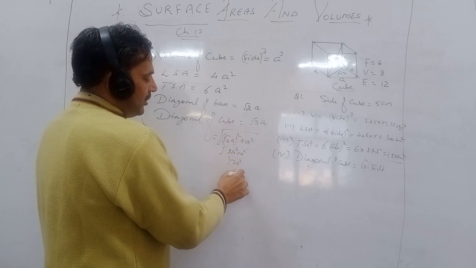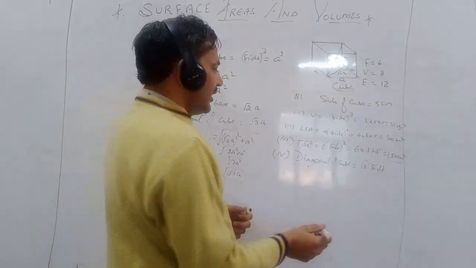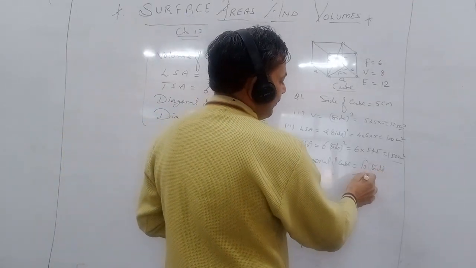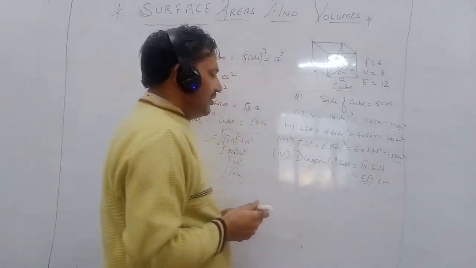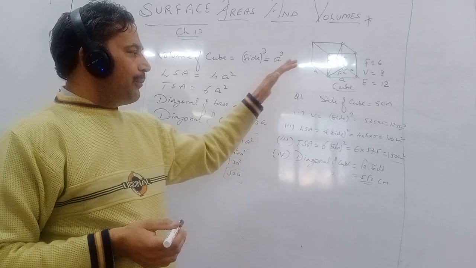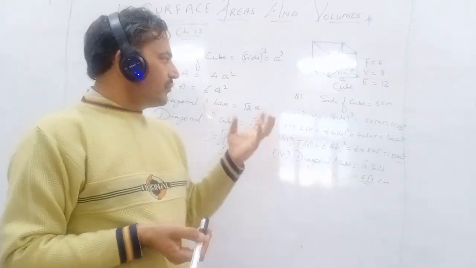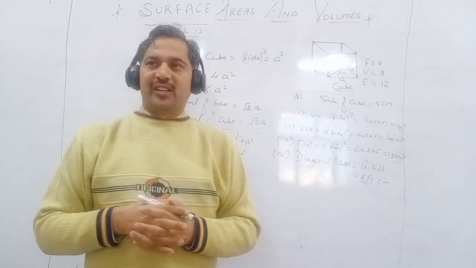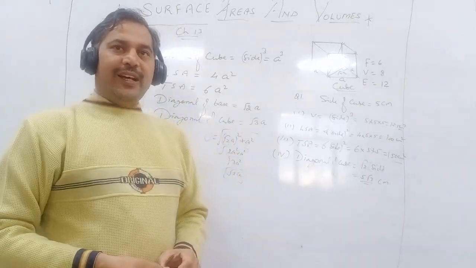So it comes root 3 into a, root 3 into side. And put here side 5, so 5 root 3 centimeter is your answer. So this is the application of how to find the volume of the cube, lateral surface area of the cube, total surface area of the cube, and diagonal of the cube.